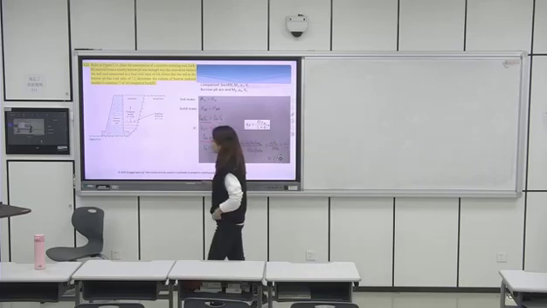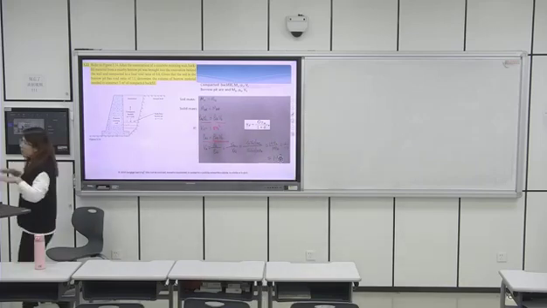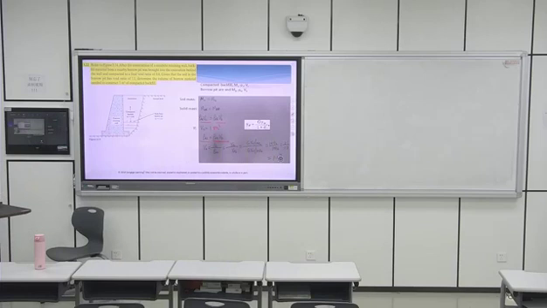This is the clue. You need to find what is the balance between the borrow pit and the compacted backfill. The balance is actually the mass of the soil, or we say the solids of the soil, because the moisture is the same. Nothing changed. It's just the void volume, right?